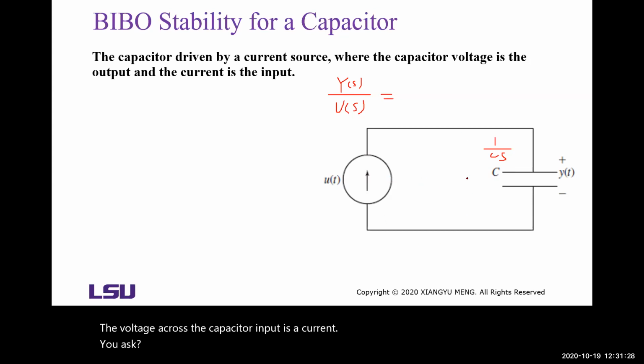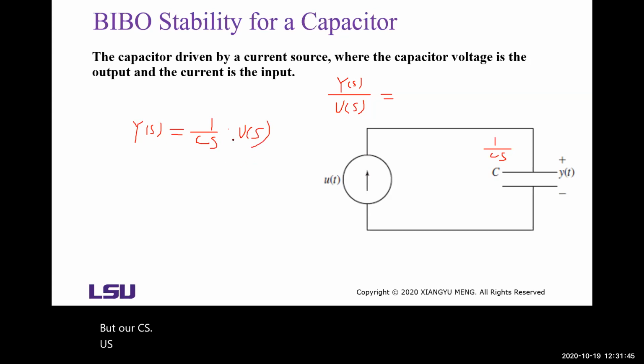Based on Kirchhoff's voltage law, Y(s) equals 1 over Cs times U(s). Then Y(s) over U(s) is 1 over Cs.